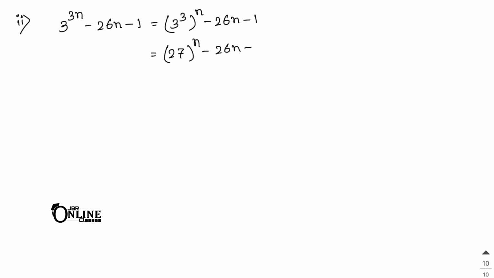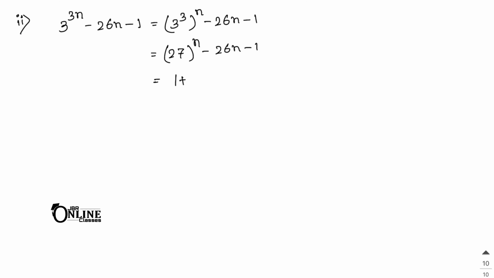Now next one, 16(2). Here 3 to the power 3n minus 26n minus 1 is divisible by 676. So as here 3 to the power 3n, so 3 to the power 3 whole to the power n, minus 26n minus 1, then that will be 27 to the power n minus 26n minus 1.